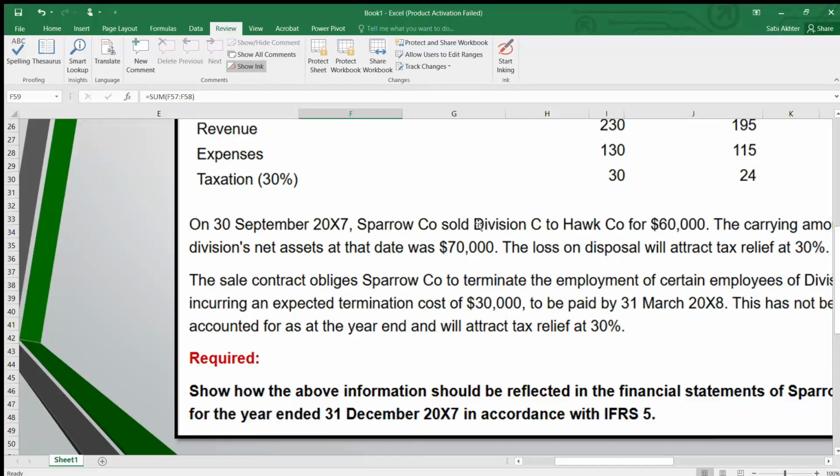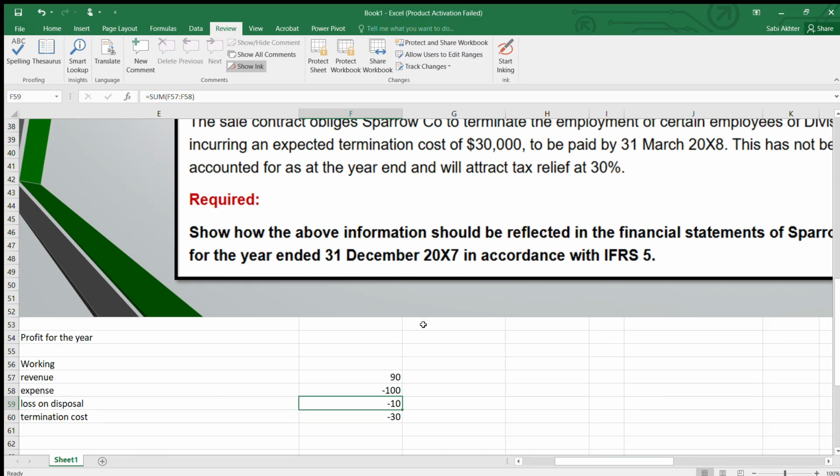That is, they have sold the division for 60,000 when the carrying value was 70,000. So the carrying value is more than the sale proceeds. The difference, 10,000, is that loss of 10,000 here. So when we add up together, it is the difference between these two, and then the minus 10 loss and the termination cost.